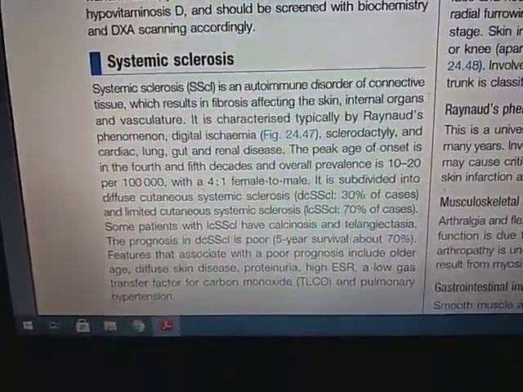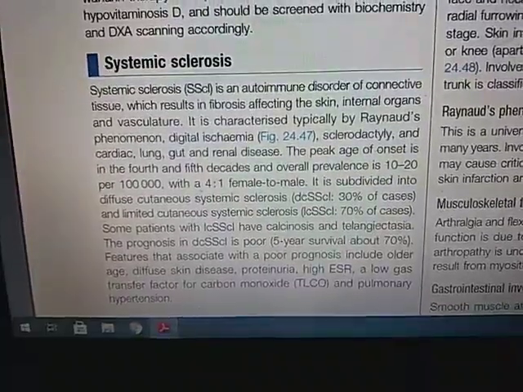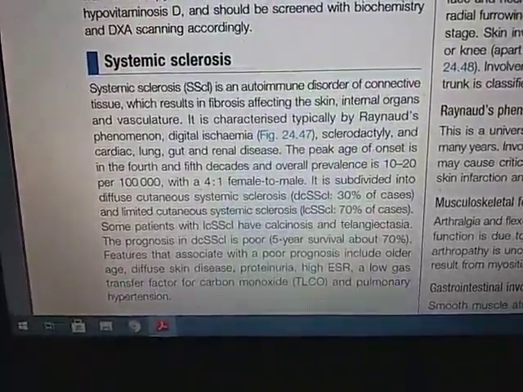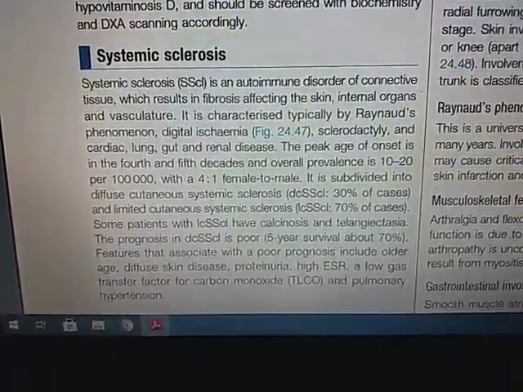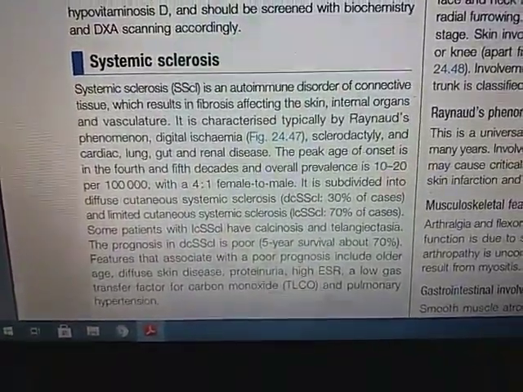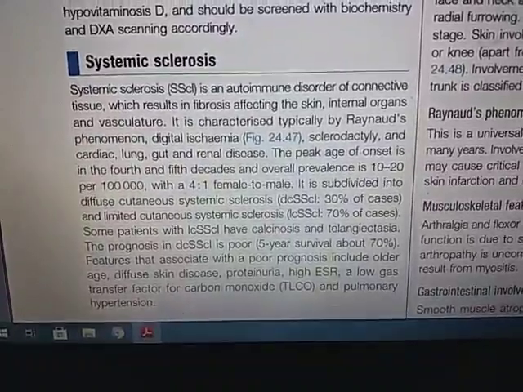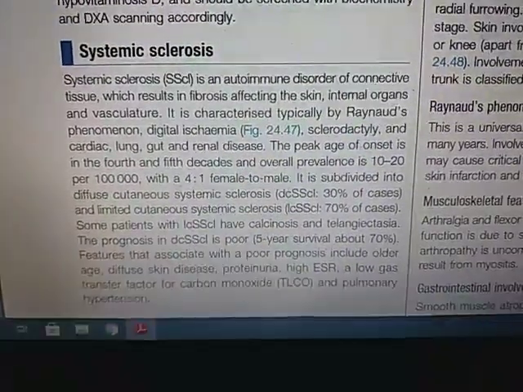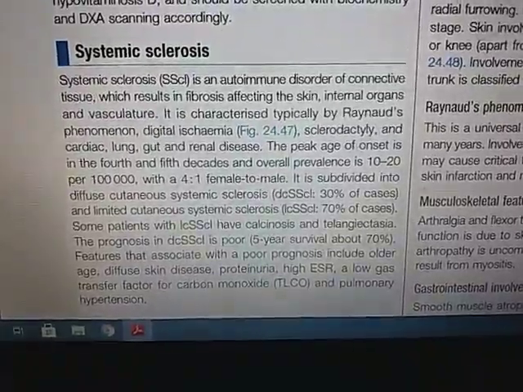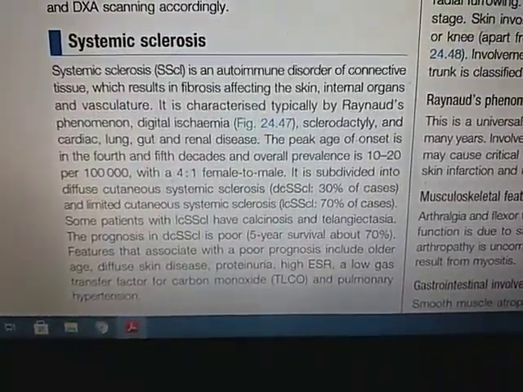The clinical features, on the top of them, is Raynaud's phenomenon. Raynaud's phenomenon is present in almost most of the patients, about 98% of patients.